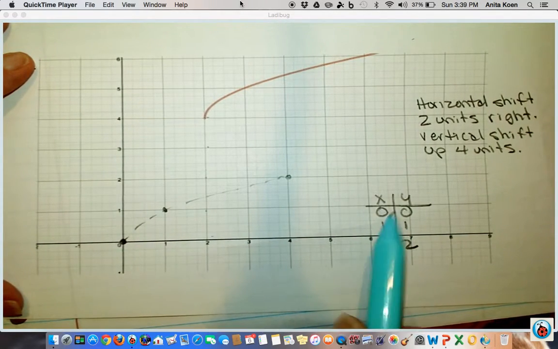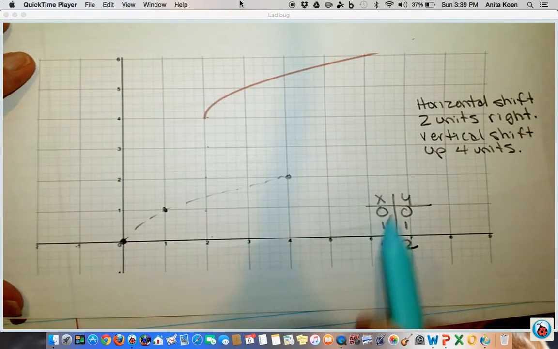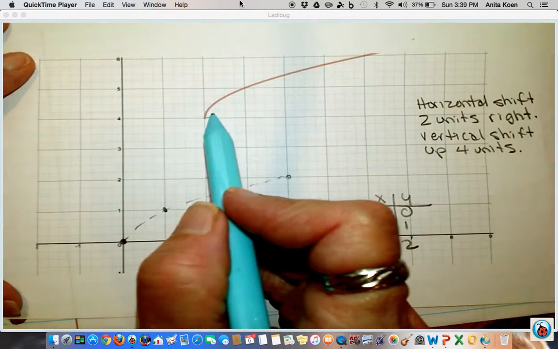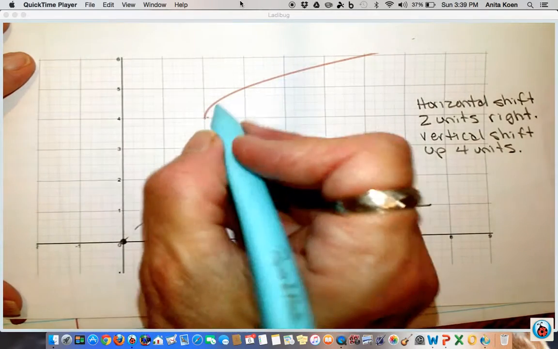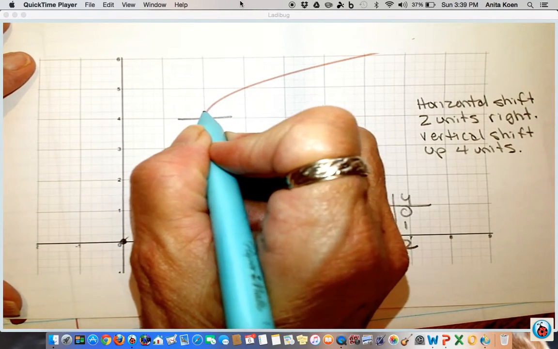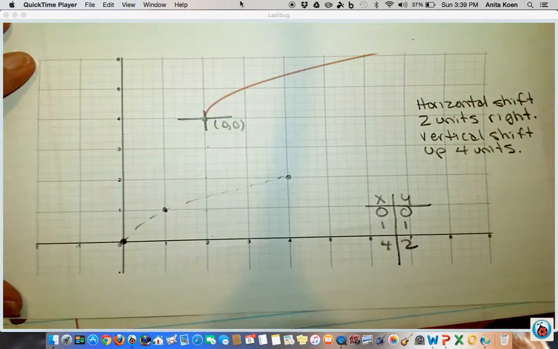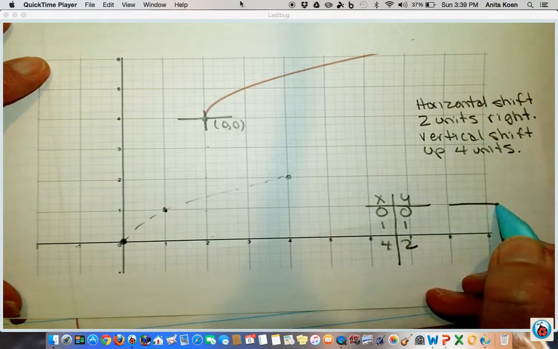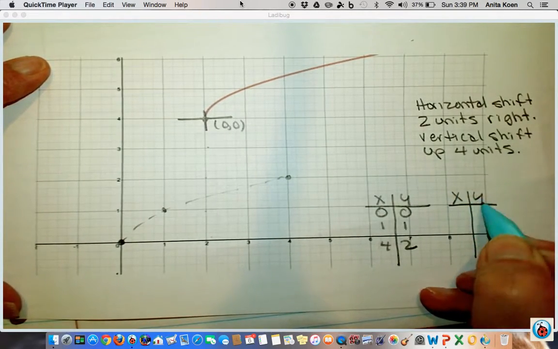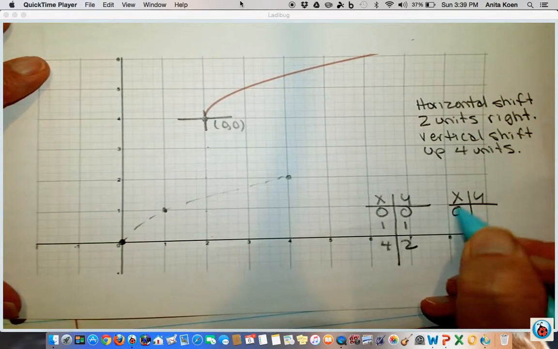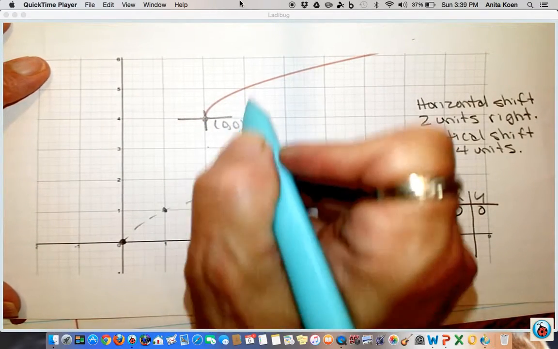Now what I have to do is figure out if these points on the original table are on this graph if I pretend that this is my new origin. So I'm going to pretend like this is 0, 0, and then check to see if these points are on the table. Okay, so here's 0, 0. I'm going to go over 1, up 1.